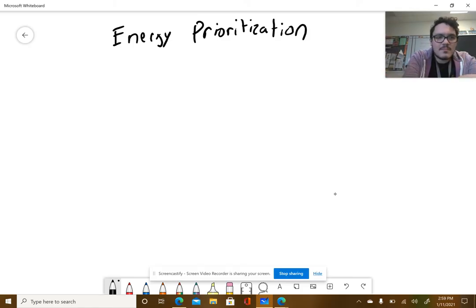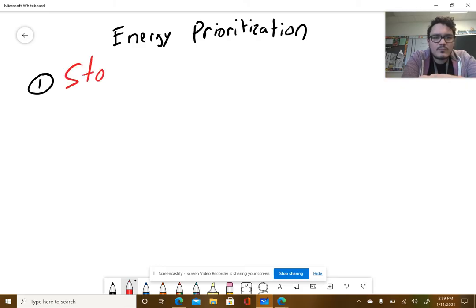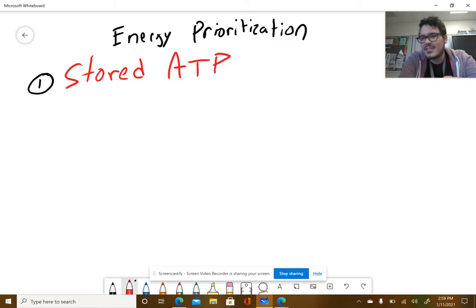So number one, you're exercising. You need energy, right? What are you going to use as your energy source? Stored ATP. You're going to utilize that stored ATP as soon as possible, but if we recall, that stored ATP only lasts you 5 seconds. It's not a lot.